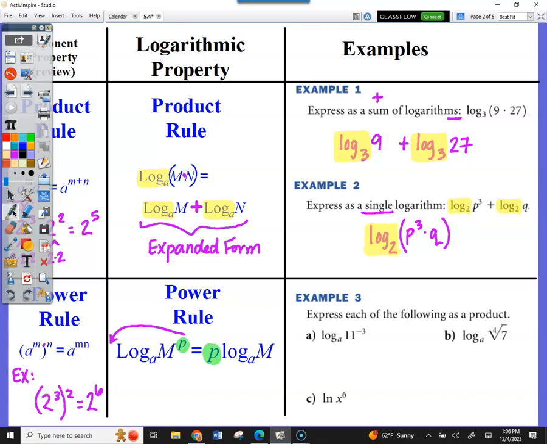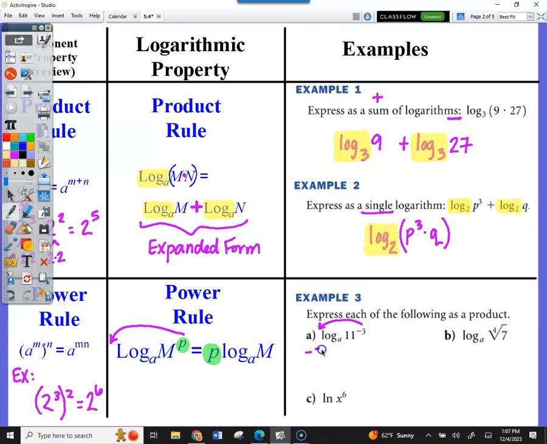All right, coming over here, express each of the following as a product. Meaning you should have something times something. The exponent needs to move to the front. You will see me draw that arrow every time because it reminds me what to do with it. Move to the front. Okay, I would encourage you to draw the arrow. Please don't turn your nose up at something simple like that.